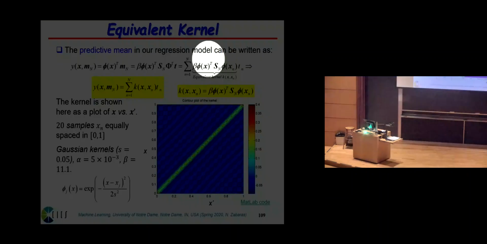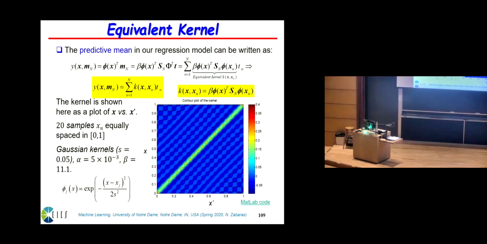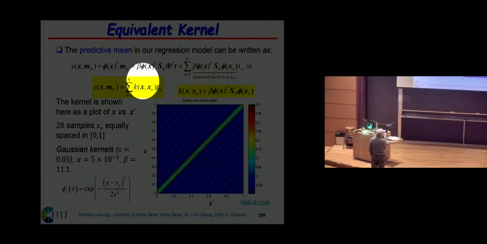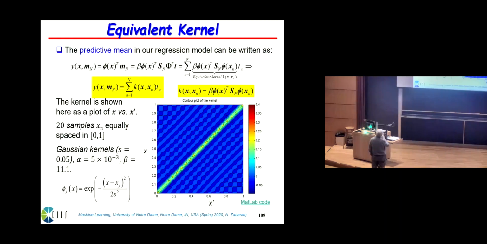But certainly I can take this whole bracket and write it as a new function with arguments x and xn. I'm going to call it the kernel k(x, xn). So the predictive mean takes the form of a summation over little n over the training data of k(x, xn) times tn.